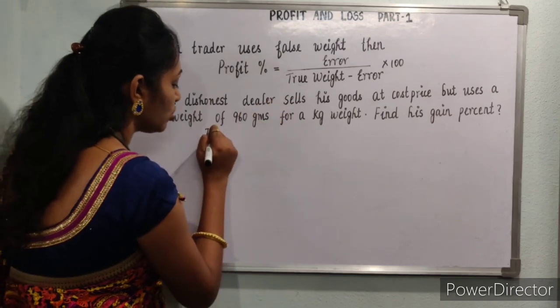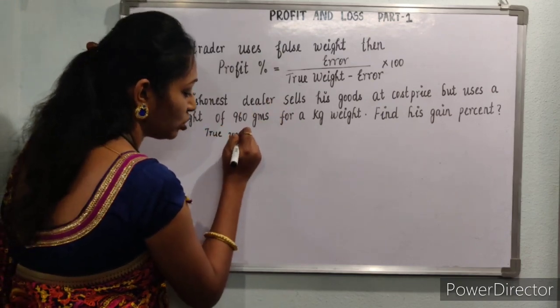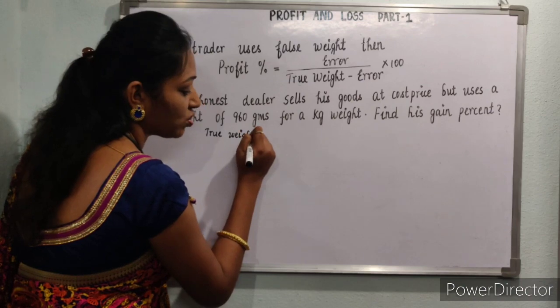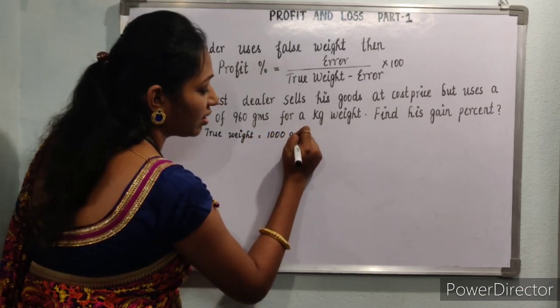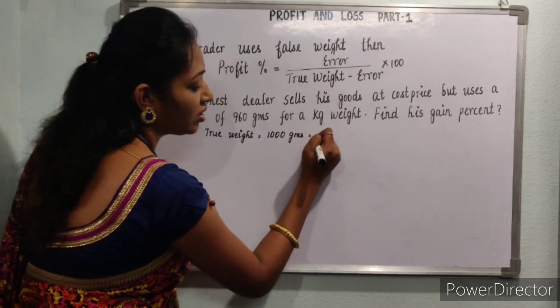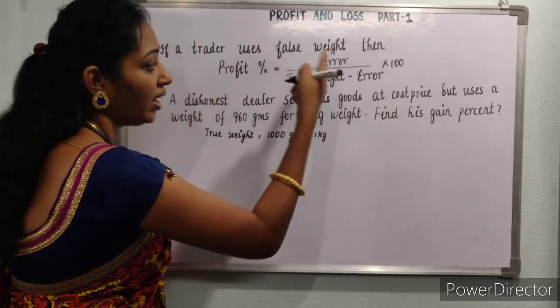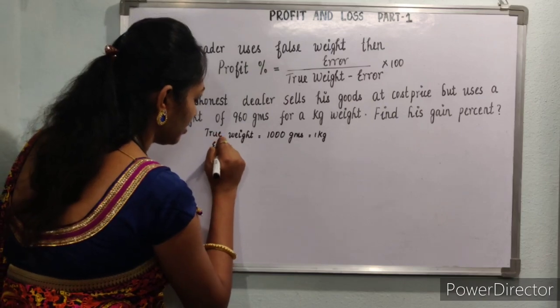Now listen here. What is the true weight according to this problem? The true weight is what he is supposed to give. True weight is kg. Kg means 1000 grams. Now we have to find the error.